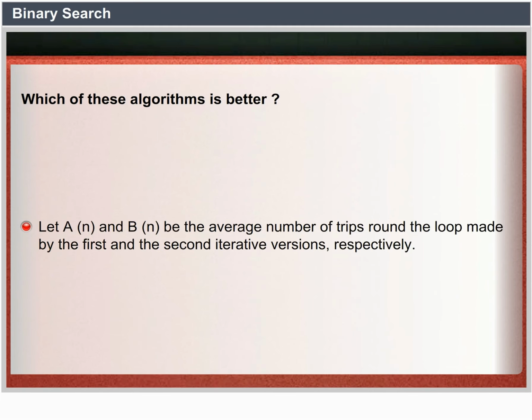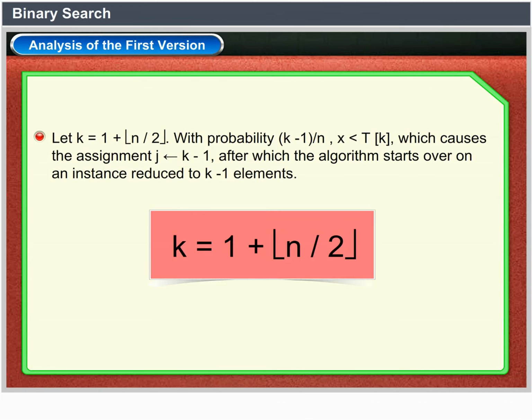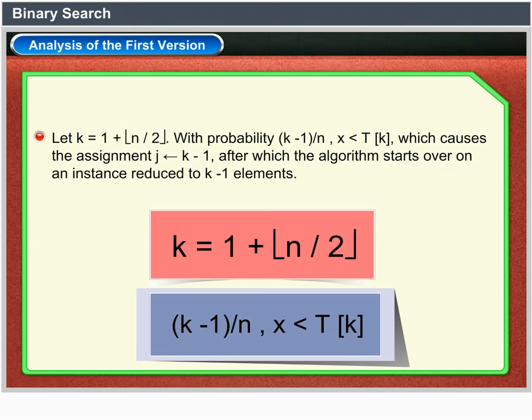Let A(n) and B(n) be the average number of trips round the loop made by the first and the second iterative versions, respectively. Analysis of the first version. Let k equal 1 plus floor of n by 2. With probability (k-1)/n, x is less than T[k], which causes the assignment j gets k-1, after which the algorithm starts over on an instance reduced to k-1 elements.